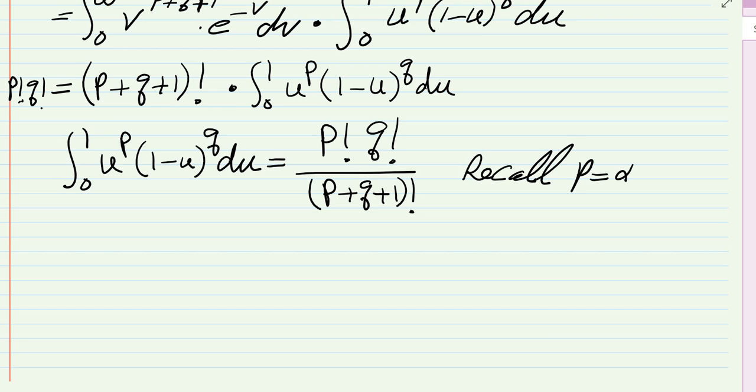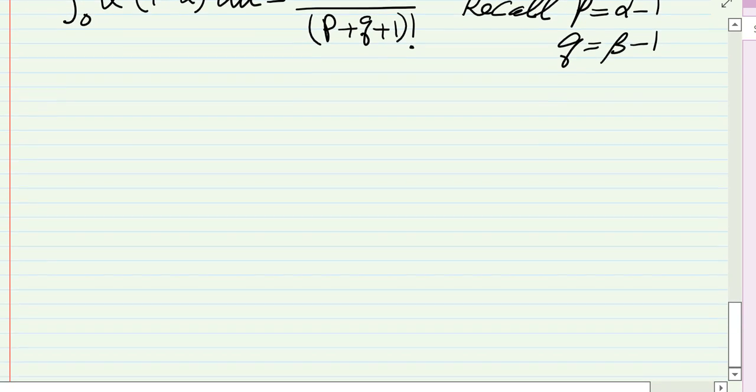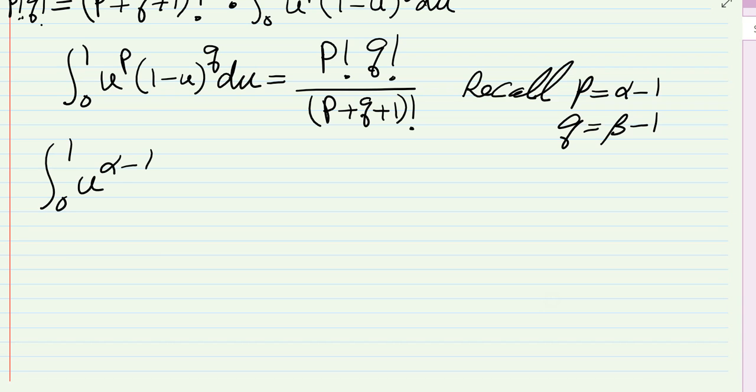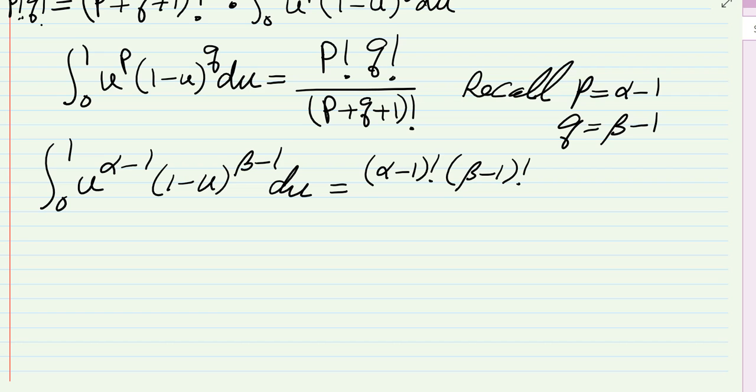Now recall that I let p be alpha minus 1 and q be beta minus 1 in the original expression when we started this video. Therefore, the integral from 0 to 1 of u to the alpha minus 1, 1 minus u to the beta minus 1, du is going to be alpha minus 1 factorial times beta minus 1 factorial divided by alpha plus beta minus 1 factorial.